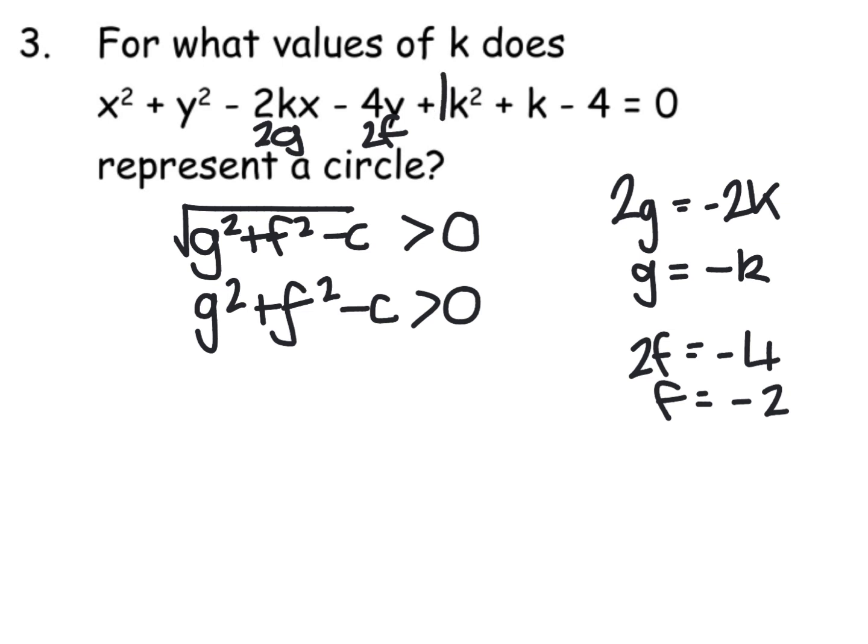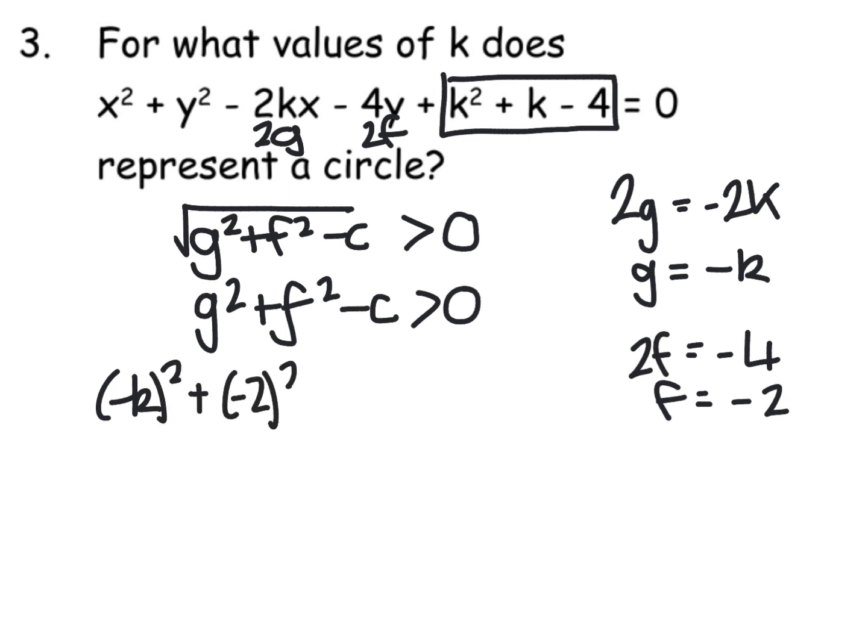And our c value is everything without letters, so your c value is going to be that bit in the square. So let's put these in. So we're going to have negative k squared plus negative 2 squared, take away bracket k squared plus k minus 4, is greater than 0.